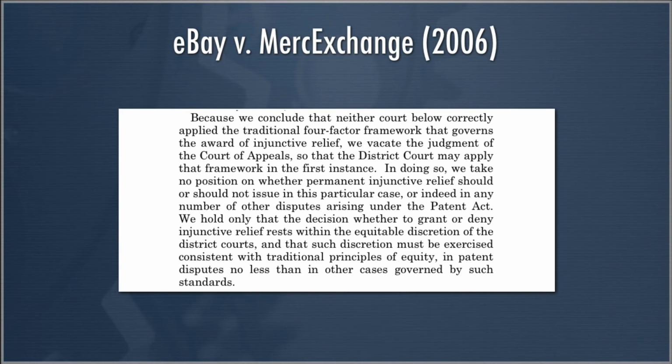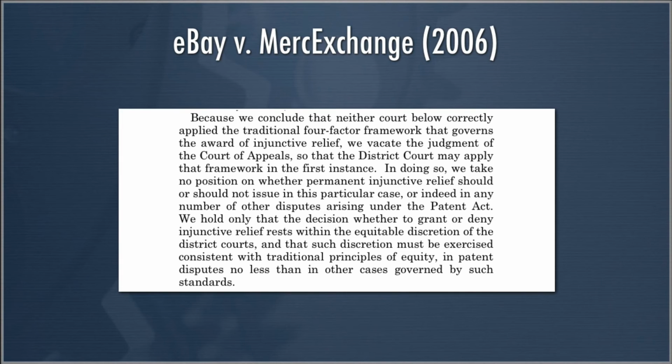In doing so, we take no position on whether permanent injunctive relief should or should not issue in this particular case, or indeed in any number of other disputes arising under the Patent Act. We hold only that the decision whether to grant or deny injunctive relief rests within the equitable discretion of the district courts, and that such discretion must be exercised consistent with traditional principles of equity in patent disputes no less than in other cases governed by such standards."